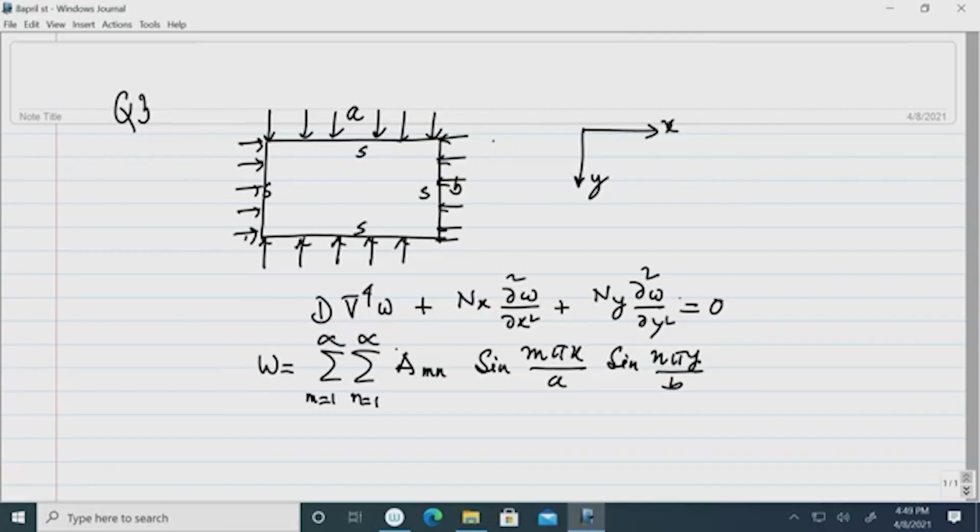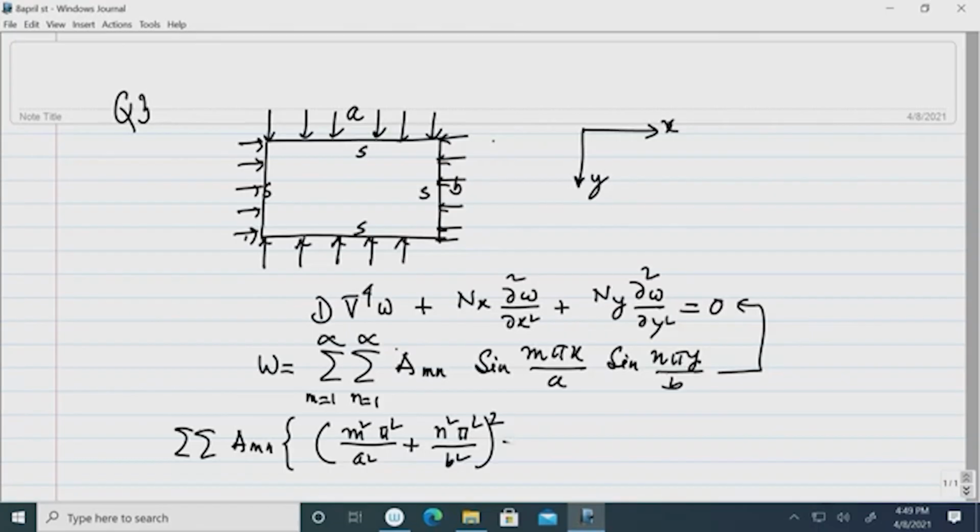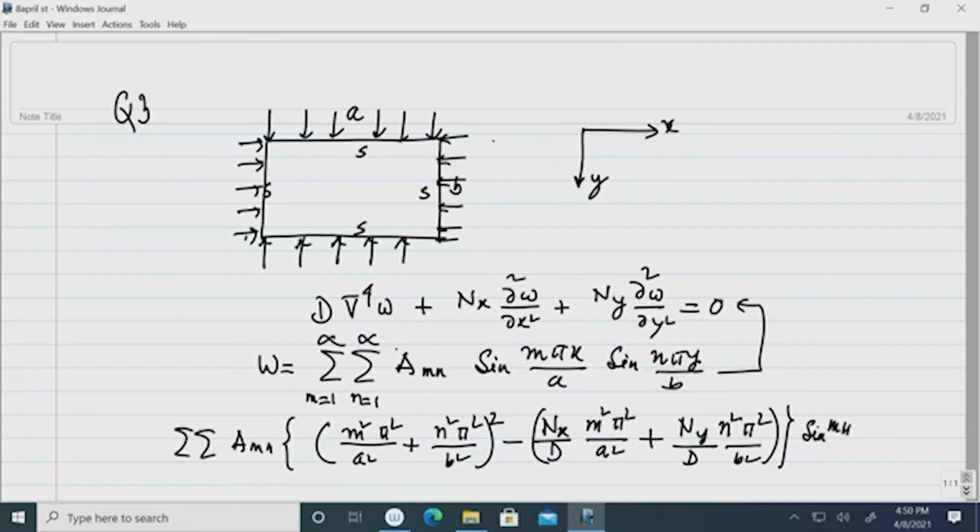Now, substituting this in this equation, after substitution we get again a double summation of A_mn, and I have divided both the sides by D. So, here I will get N_x by D (m² π² / a²) plus N_y by D (n² π² / b²), and then sine functions are appearing, equal to 0.